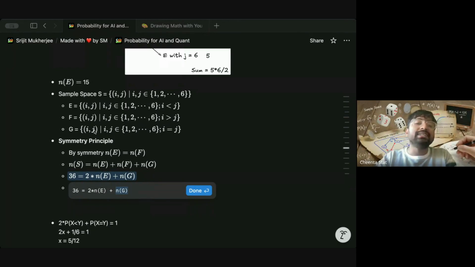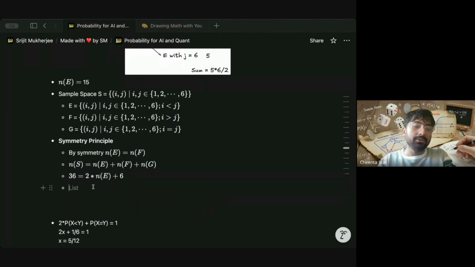How many pairs I and J are there with I equal to J? It means I comma I, and I is between 1 to 6. So n of G is nothing but 6 options. So we get that n of E is equal to 30 by 2, that is 15.